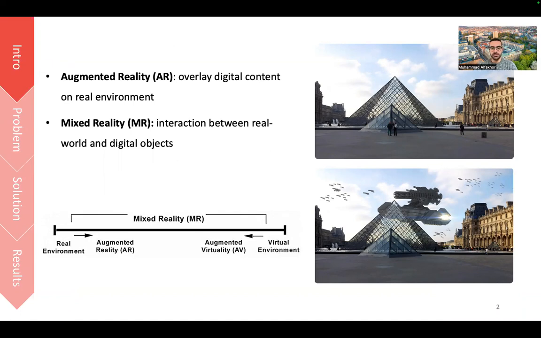In the diagram below, you can see that on the far left we have only the real environment, everything that we can see with our own eyes. On the far right, we have virtual reality, where the scenario is designed and displayed by computers. And when we are speaking about mixed reality and augmented reality, we are somewhere in the area between.